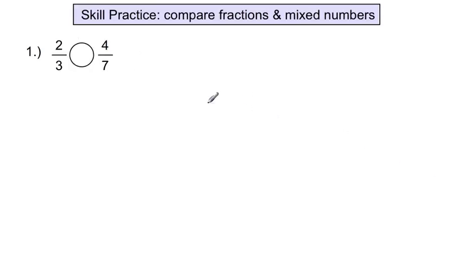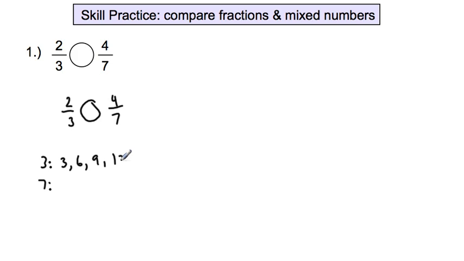All right, here we have 2/3, and we're going to compare that to 4/7. First thing we're going to be doing is finding the least common multiple of the denominators. So that's 2/3 and 4/7. Here you have 3, 6, 9, 12, 15, 18, and 21.